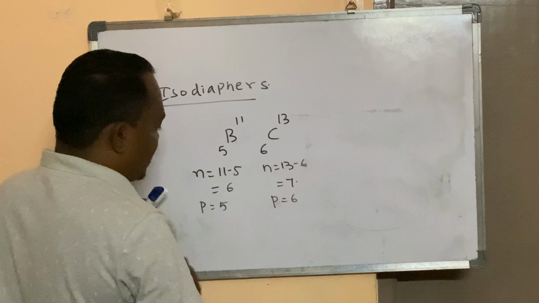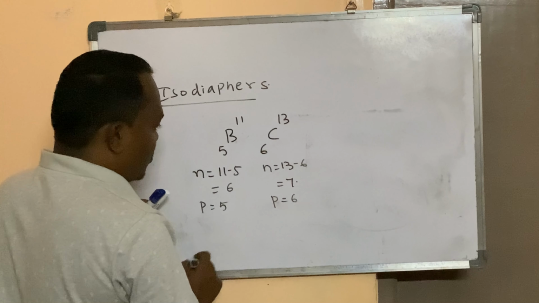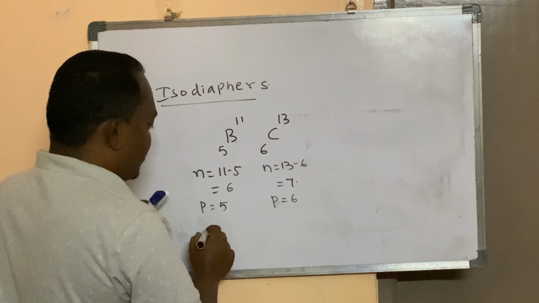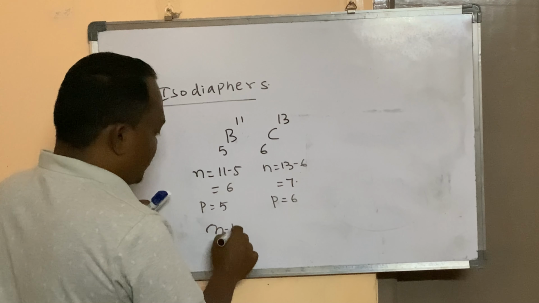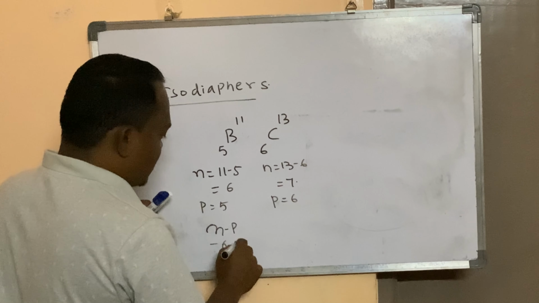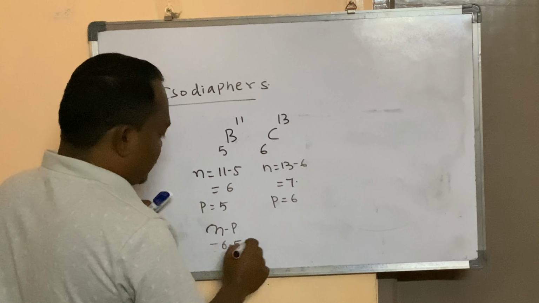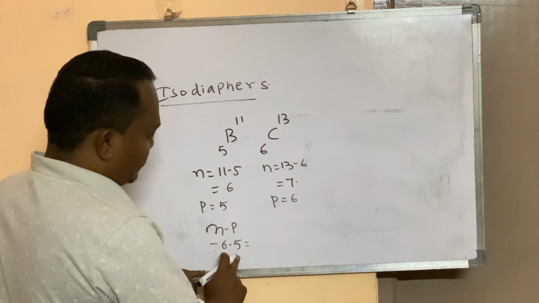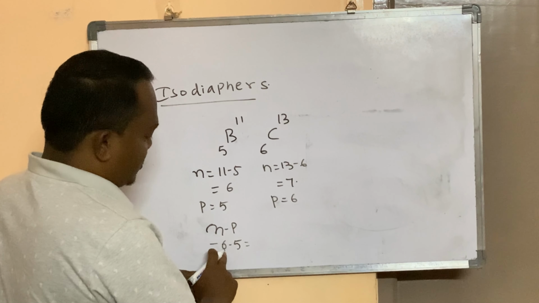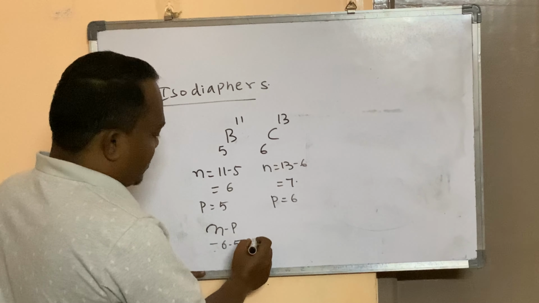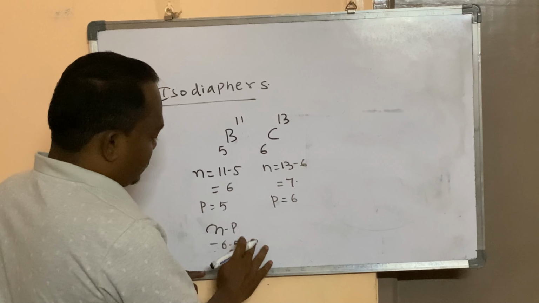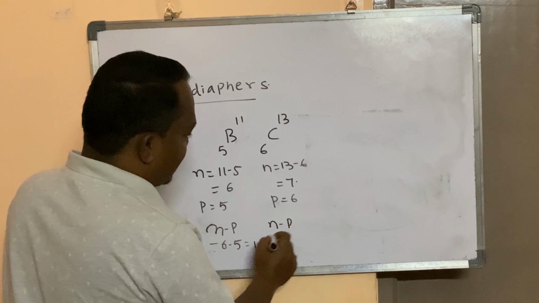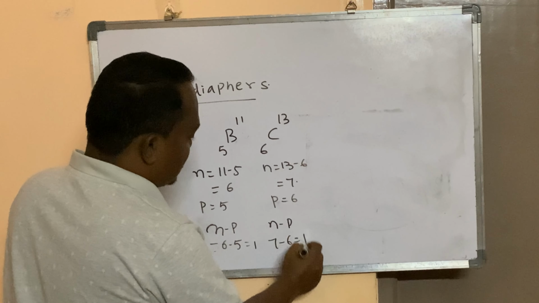When we take the difference between neutrons and protons, n minus p, for boron it is 6 minus 5, which is 1, and for carbon it is 7 minus 6, which is equal to 1.